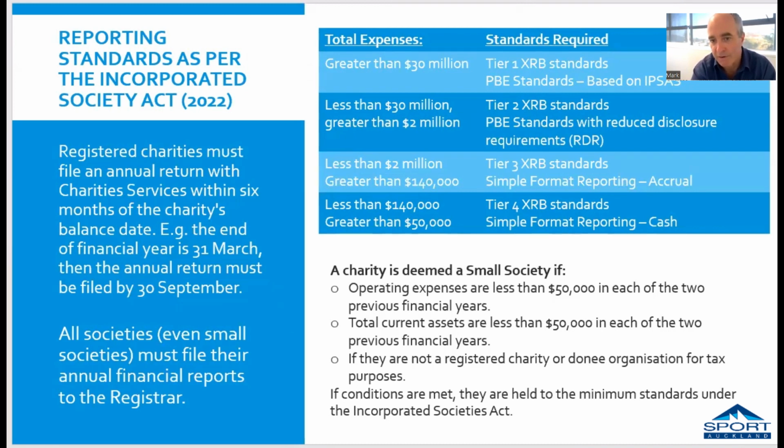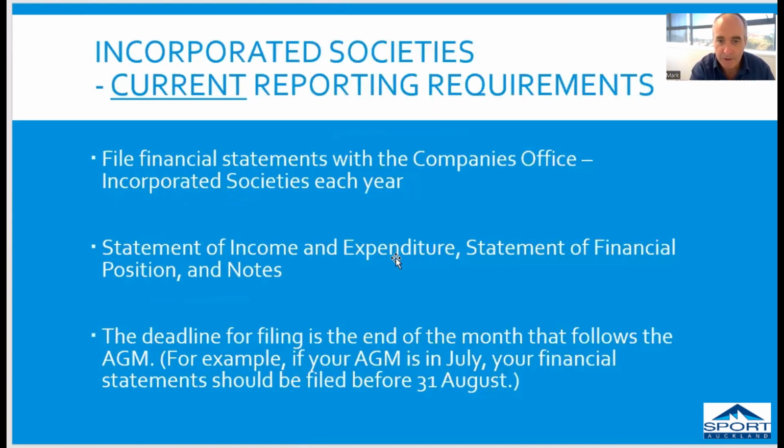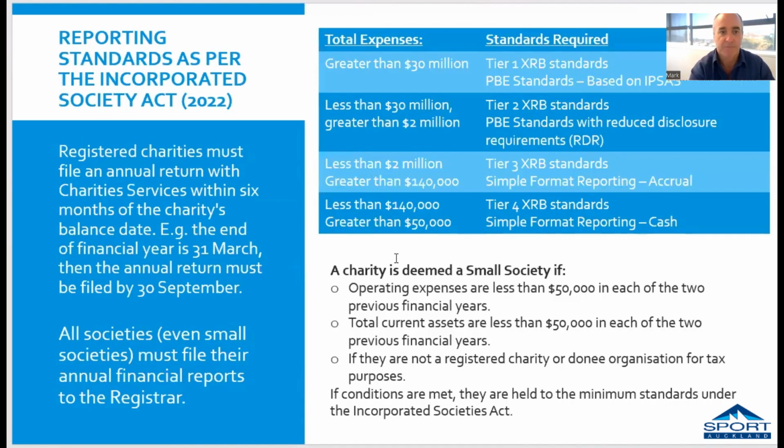So under the not-for-profit, there are 4 tiers. My estimate is most people watching this today will either fall into tier 3 or tier 4. All the details are in there. Oh, sorry, jumped the gun.